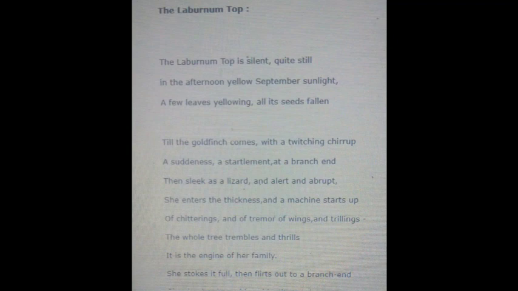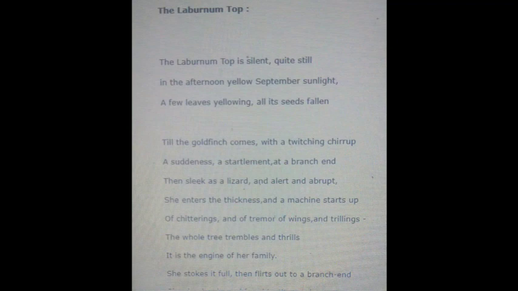So this whole tree comes into motion, and trilling is to sing a series of quickly repeated high notes, as I have already told you. Trembles and thrills means shakes violently.